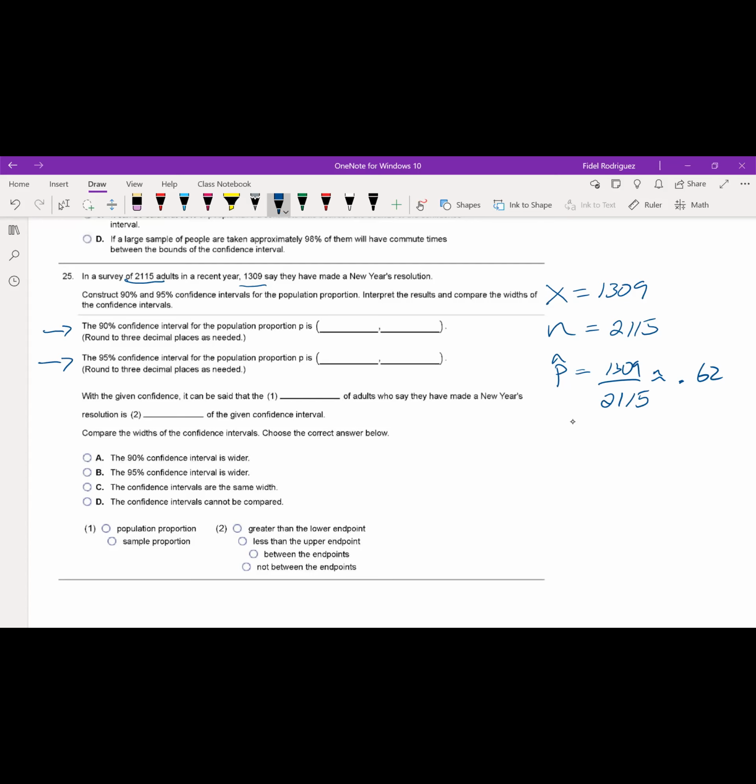I'm trying to find a certain thing on my calculator here.